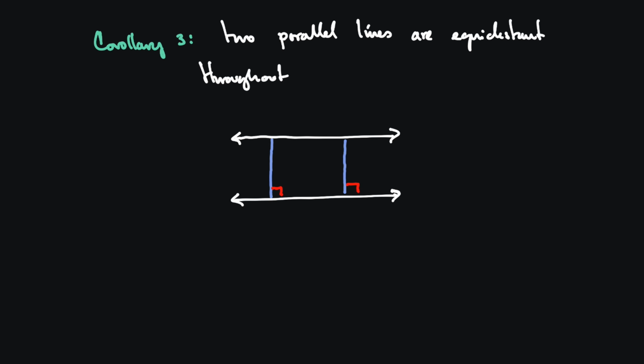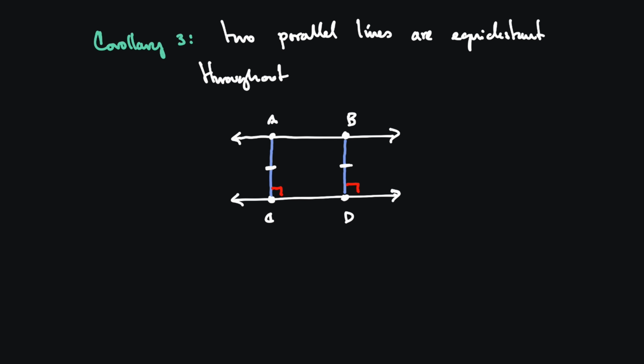Let's call this A, this B, this C, this D. No matter how many of these lines I draw, every line is going to be equal to the other. This is going to be congruent with this, because if it's equidistant, it means that it has the same distance throughout and between these two. No matter which position I choose, this distance will always be the same. This is what the corollary, or this theorem, is saying.